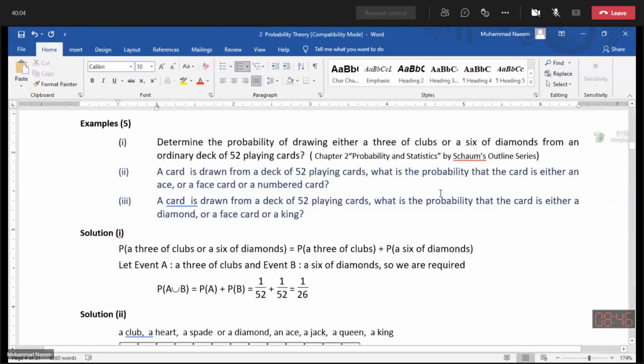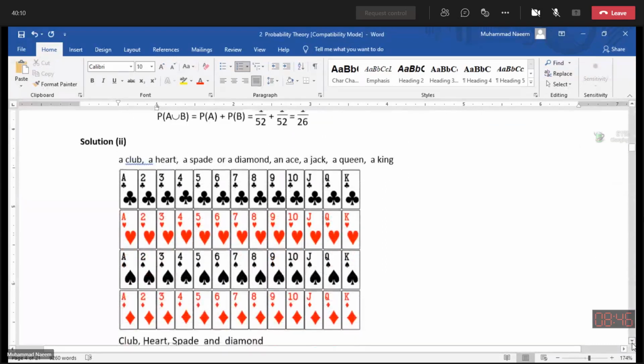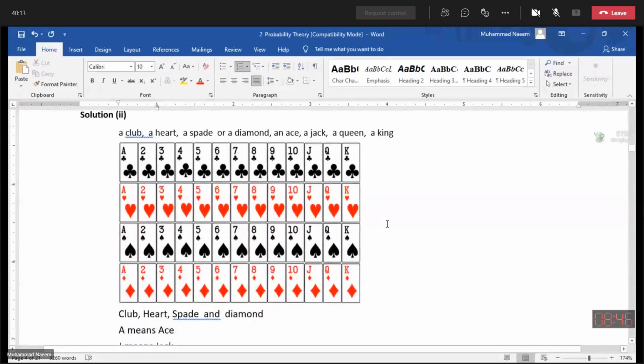So first of all, look at the deck of 52 playing cards. These are 52 cards having four categories.